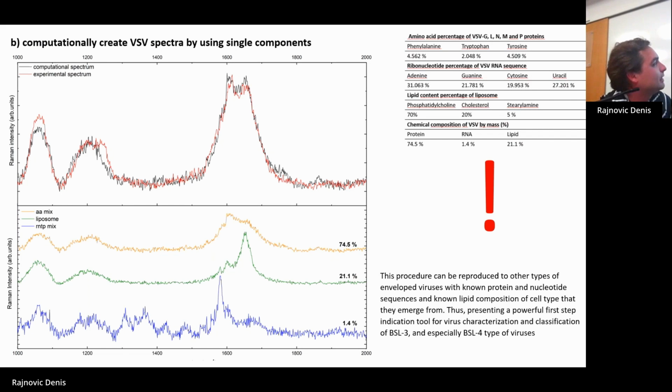Because these viruses are extremely complicated to measure outside of BSL-3 or 4 facilities, like synchrotron, for instance. And this procedure to have an indication how the spectra can look before we arrange the actual measurements can be very useful.